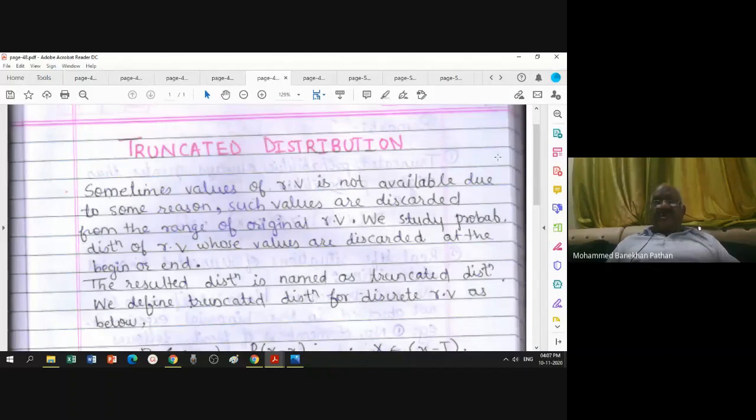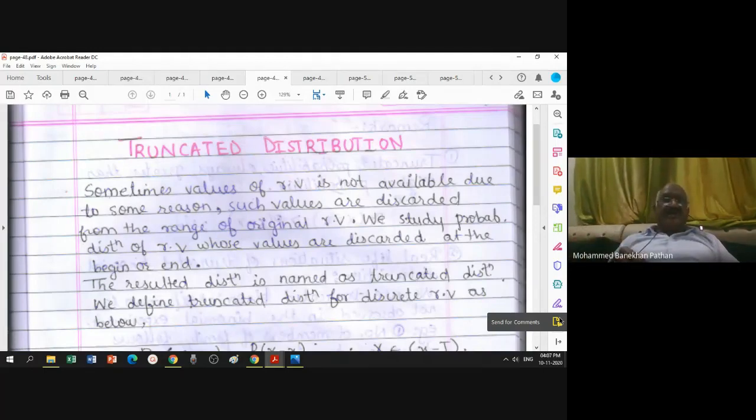Suppose there is an experiment which provides 2 outcomes in every trial. Naturally, I will study such an experiment using a binomial. But when I go on to perform the experiment, sometimes the beginning value, that is 0, is not observable.